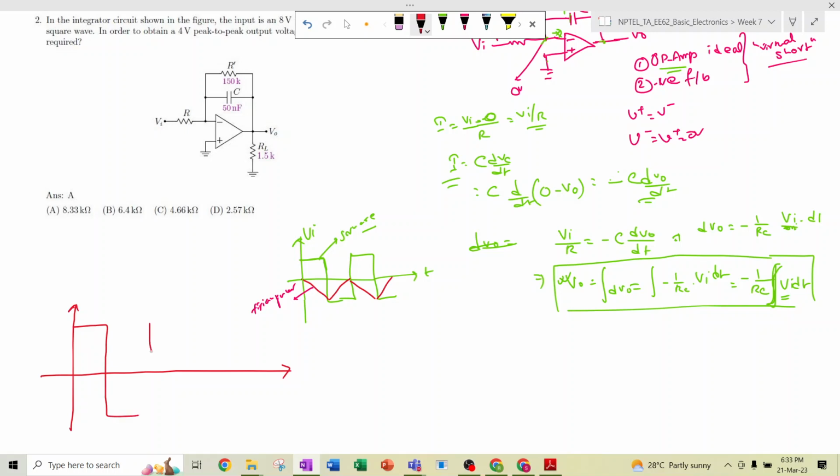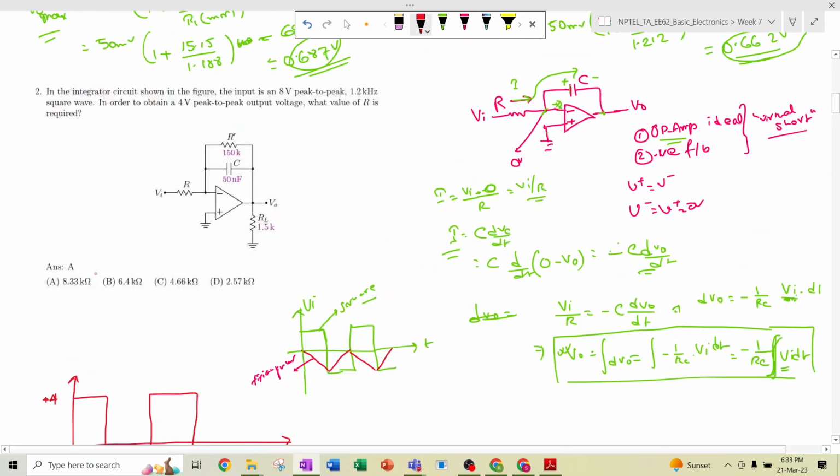So I'm drawing the input voltage. The input is 8 volt peak to peak, which means it will vary from plus 4 to minus 4 volt. So this is minus 4 and this is plus 4.